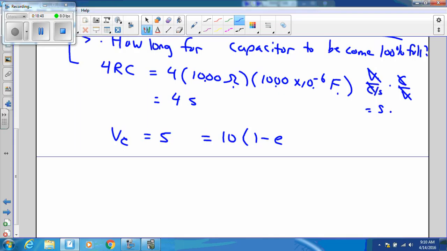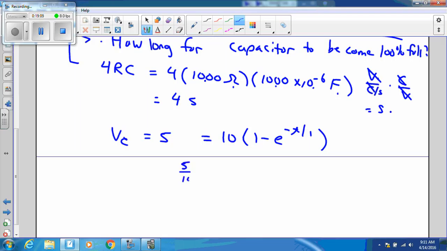So if I set VC equals 5 volts, which is equal to V times 1 minus e to the negative t over RC, notice that RC is my time constant, which we already calculated at 1 second. Then I have this equation right here.